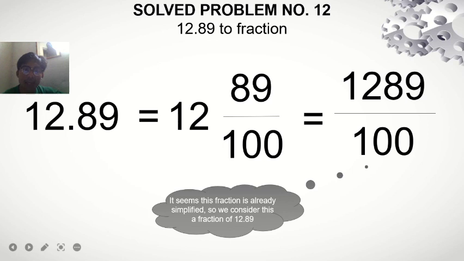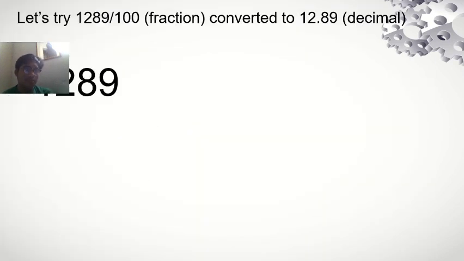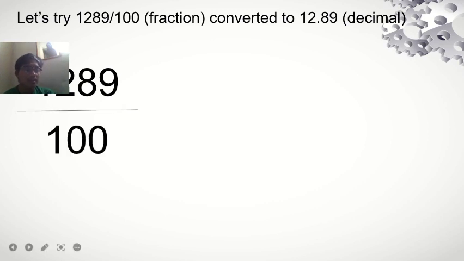Plus 89 is 1,289, all over 100. Copy the denominator.